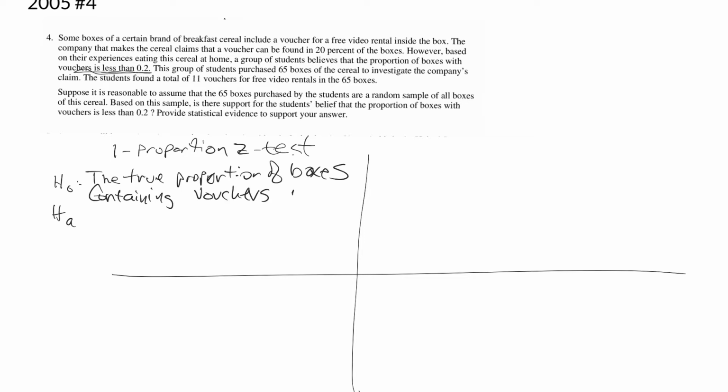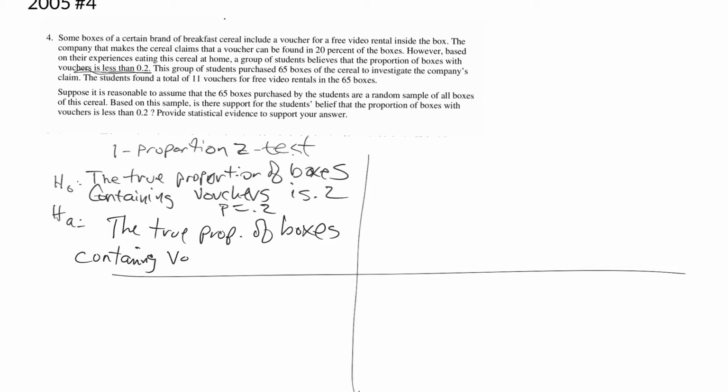That is p equals 0.2, and that represents p sub 0, or p naught, our null hypothesis value. Our alternative is the true proportion of boxes containing vouchers is less than 0.2, that is p is less than 0.2.